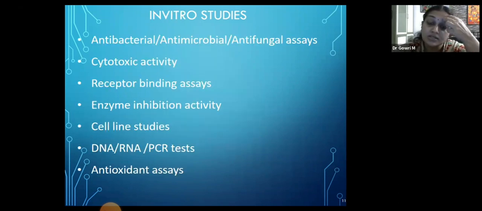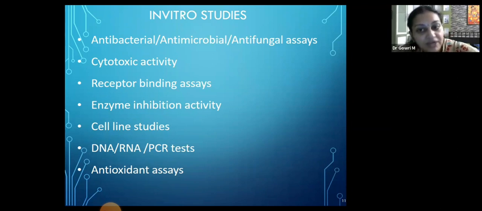Coming to the in vitro studies. What are in vitro studies? These relate to cells. In vitro means inside a closed environment, so these are usually cell-based studies. They can be antibacterial, antimicrobial, or antifungal assays. With the aid of assays, we understand the particular action of a drug, whether it is antibacterial, antifungal, cytotoxic, doing receptor binding, causing enzyme inhibition, DNA, RNA, PCR tests, or antioxidant.